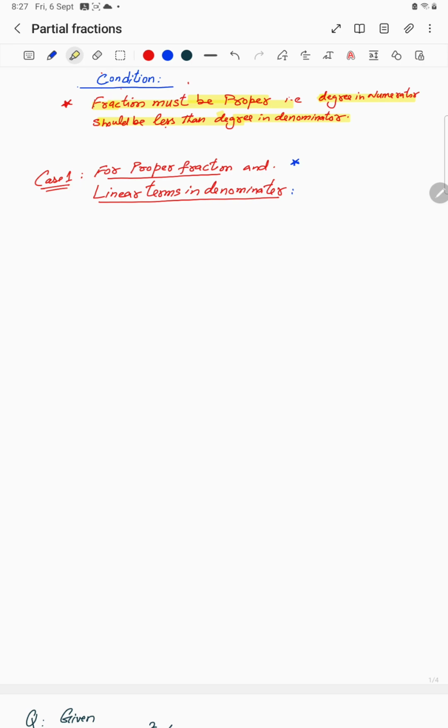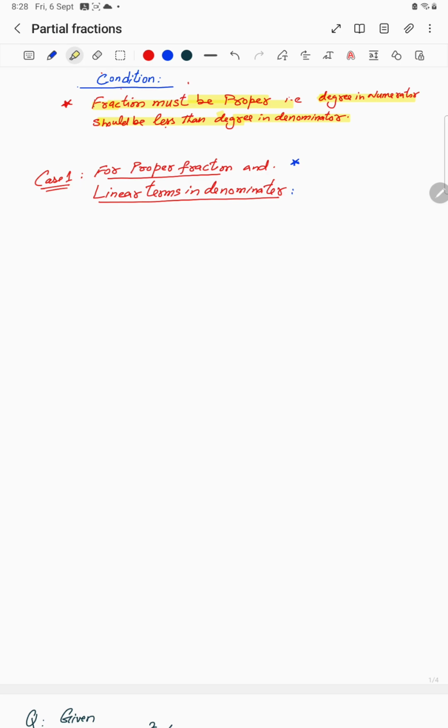For partial fractions, we will divide all the concepts into four cases, and the first case is where the fraction is proper and has linear terms in the denominator. Let's see a question to help with this.